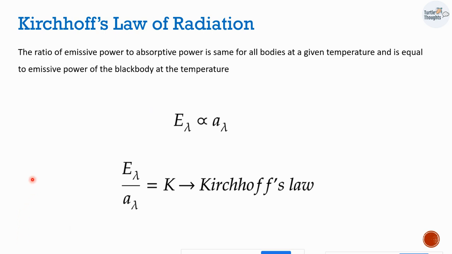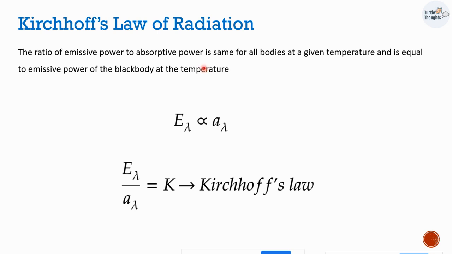Kirchhoff's law of radiation. Kirchhoff's law of radiation says that the ratio of emissive power to the absorptive power is the same for all bodies at a given temperature and is equal to the emissive power of the black body at that particular temperature.